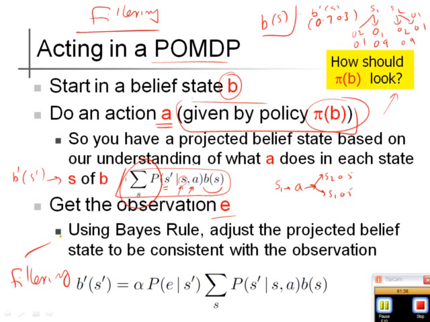Poisson distribution is a parameterized belief state distribution, for example. Okay, so it's like curve fitting essentially.